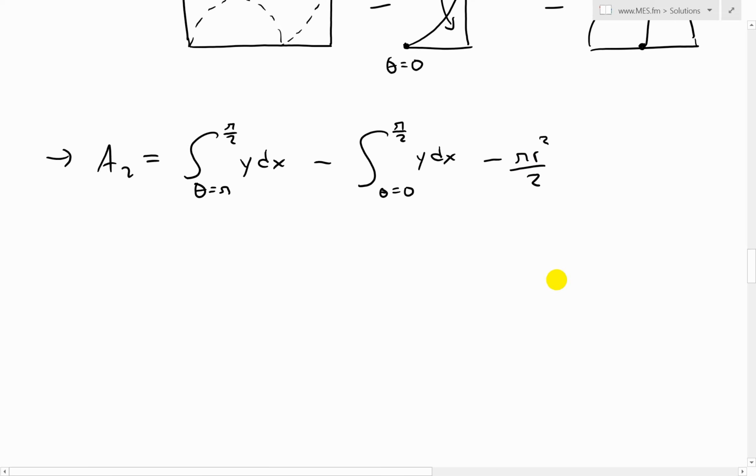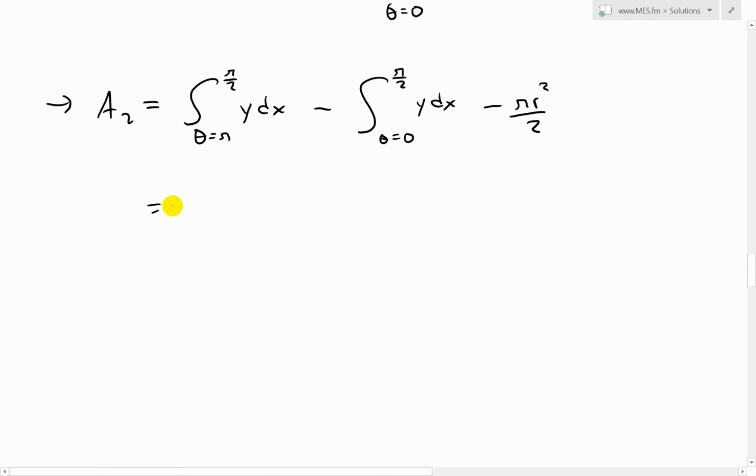Notice this angle goes from pi to pi over 2, and then from 0 to pi over 2, but we could apply an integral property. Instead of subtracting, we can add and flip the limits, so we get a negative 1 here, and this is from pi over 2 to 0 of y dx, and then we again subtract pi r squared over 2.